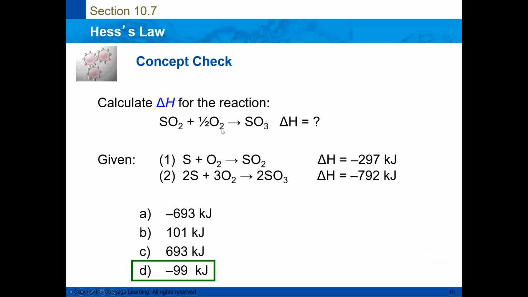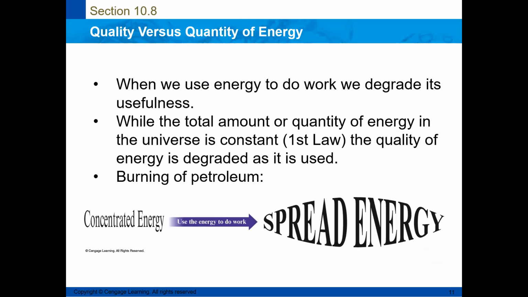We have one more. All right, so remember that when we use energy to do work, we degrade its usefulness. What does that mean? It means it is going into a more spread out form, right?